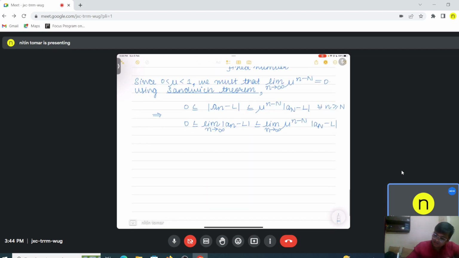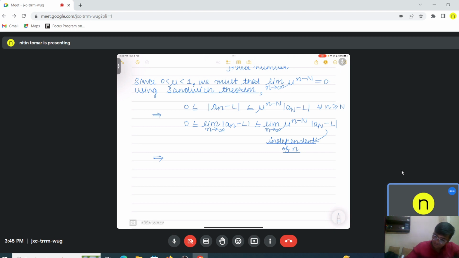And note that this is independent of n. Okay, so you can treat it as a constant. This is independent of n. So this limit is actually 0.